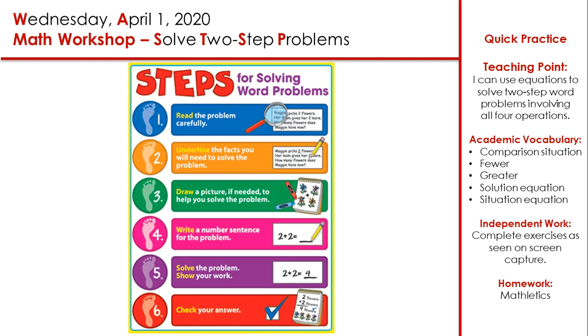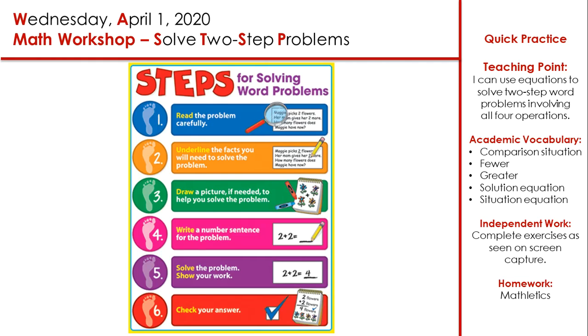Read it again until you're sure about what they're asking you. Second step, underline the facts you will need to solve the problem. What are the main keywords? For example, more, greater than, fewer. Those are keywords that tell me what operation to use or give me a hint that might get me pretty close.